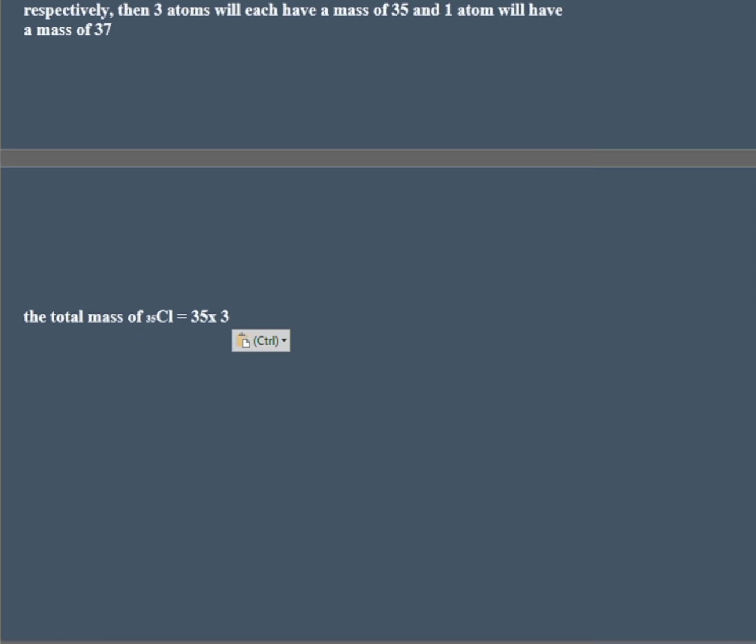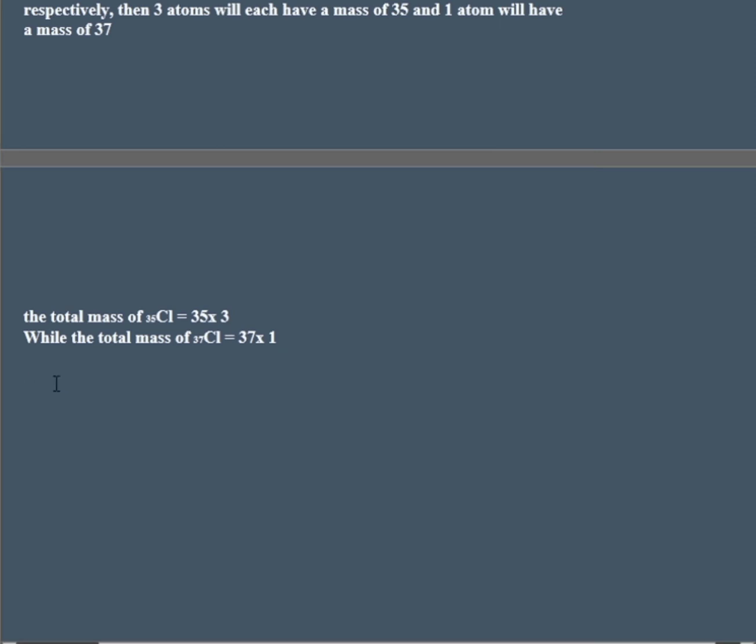While the total mass of chlorine 37 will be 37 multiplied by 1.